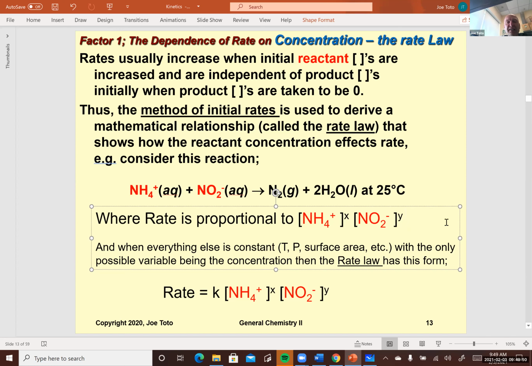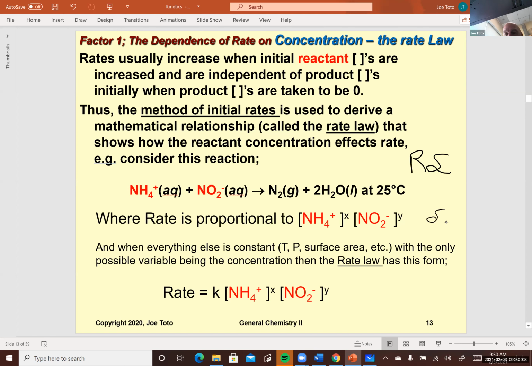And we want to find some sort of a mathematical function that's going to tell us how rate changes with concentration. So it's got to be proportional to, that's a proportional sign. It's kind of sloppy. Sorry about that. But I think you know what I mean. So that's proportional to the concentrations of the reactants. That's what the rate would be.